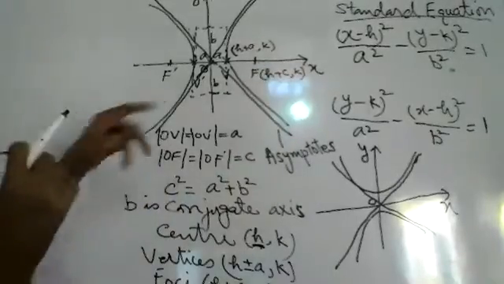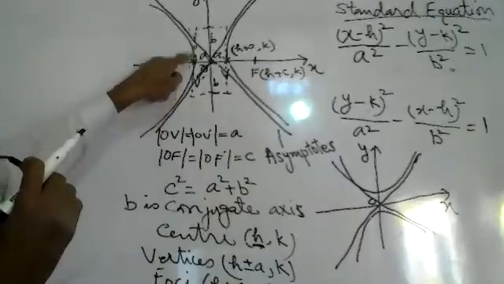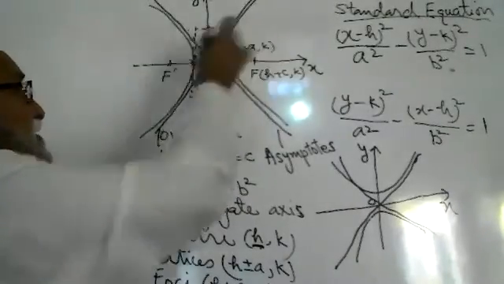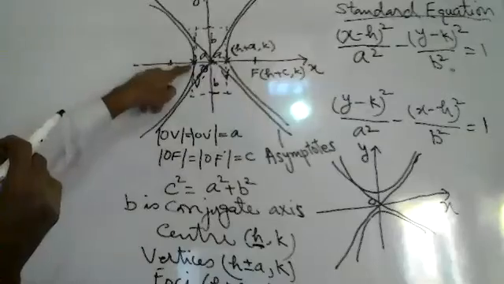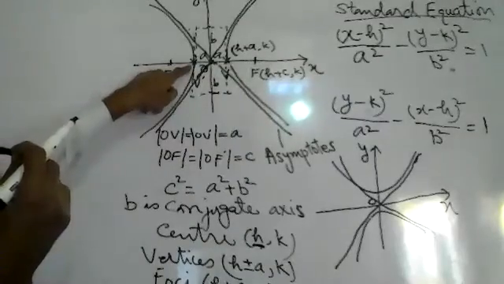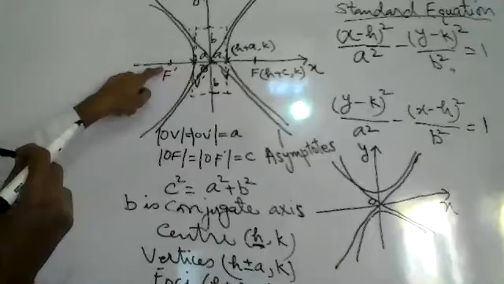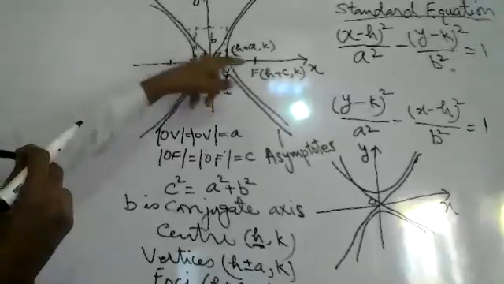In the same way on the other side, h minus a for the vertices, h minus a comma k, and for the foci, h minus c comma k in this case.